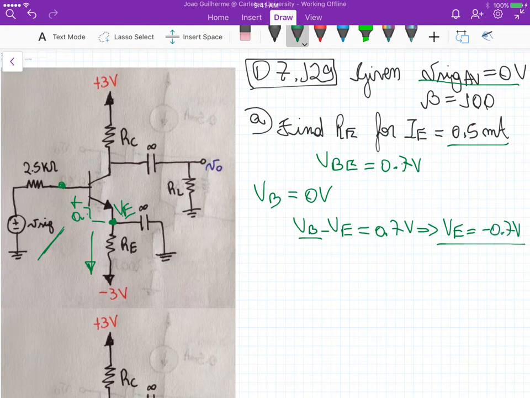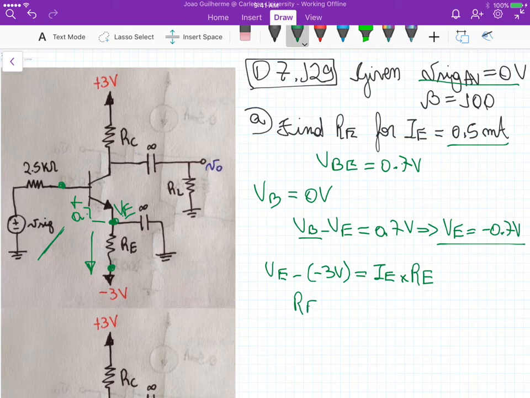Okay, now that we know VE here, and we know the potential here, minus 3 volts, we can calculate RE so that we have that 0.5 milliamperes. So VE minus minus 3 volts should be equal to IE times RE.